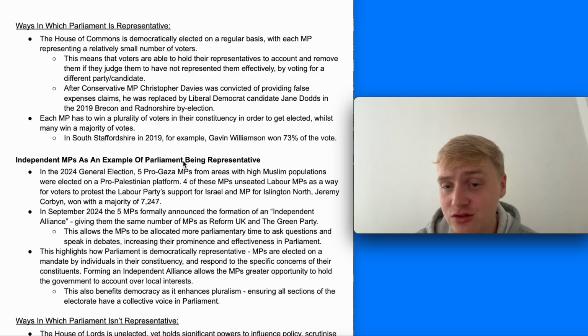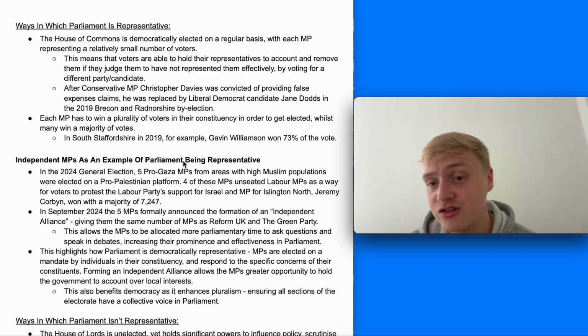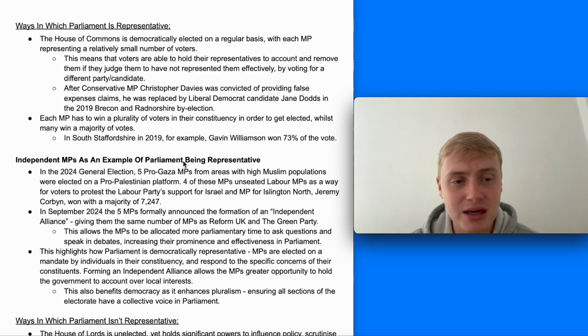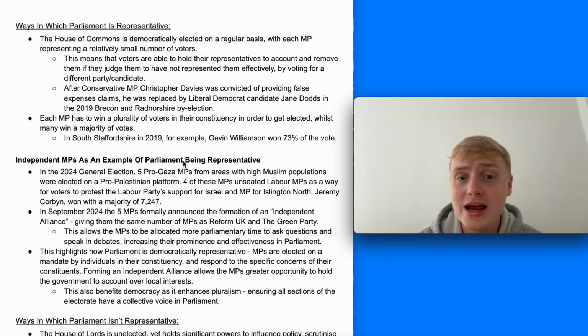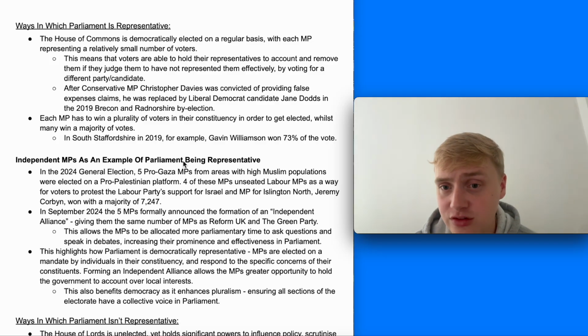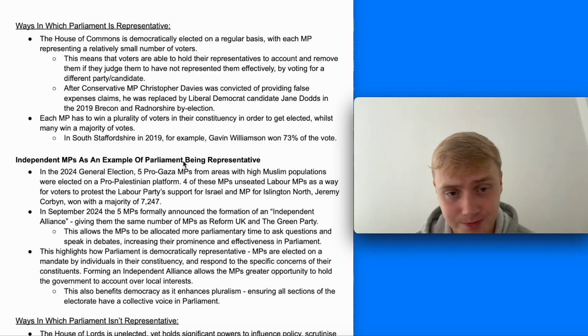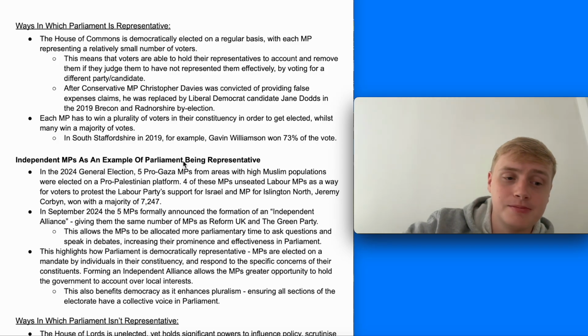Because it was such an important issue for these populations, they were able to unseat a number of Labour or Conservative sitting MPs. And that really shows how members of Parliament can really effectively represent their constituencies and the key issues that are important to them. And now they formed an independent alliance in the House of Commons, given the same number of MPs as Reform and the Green Party.